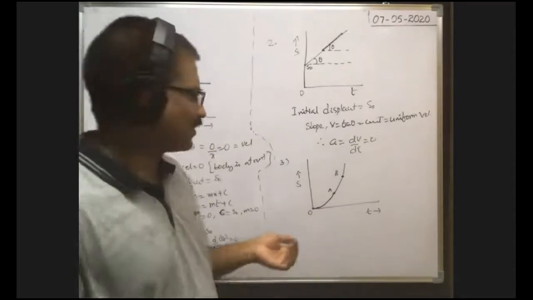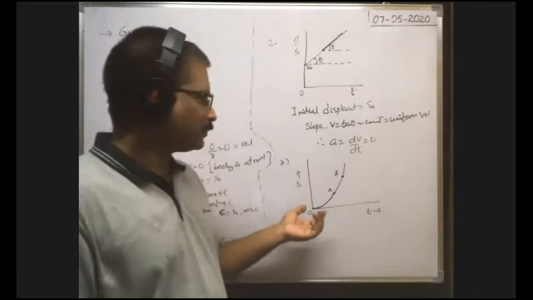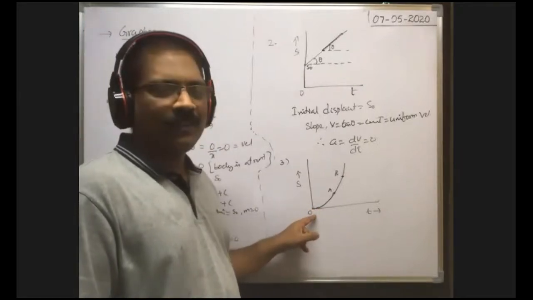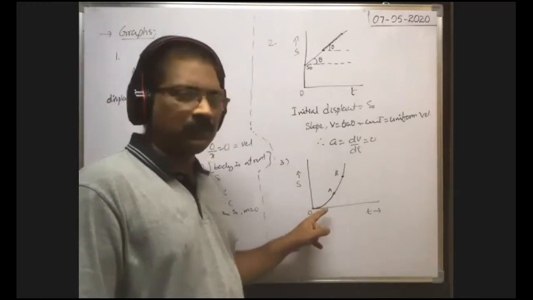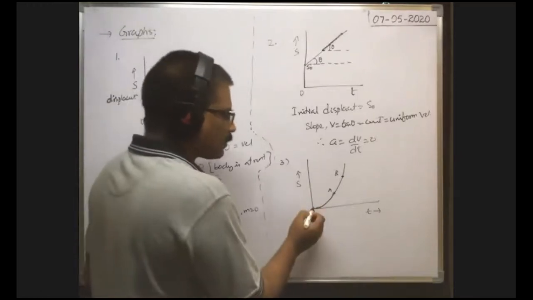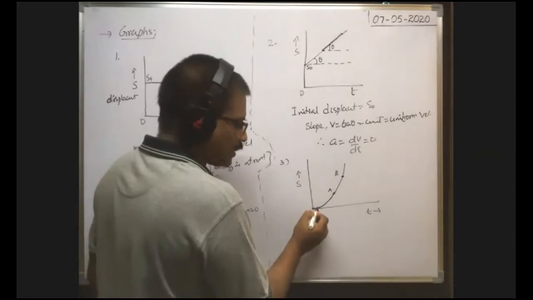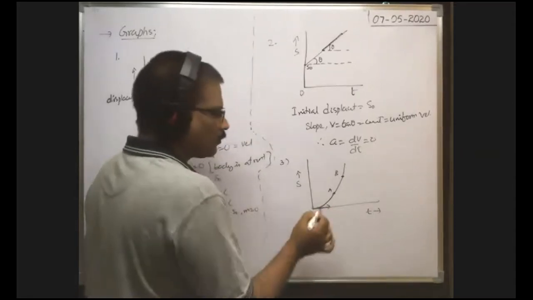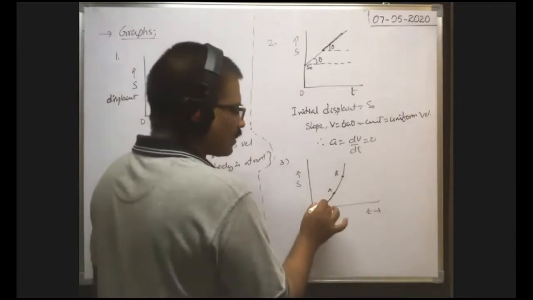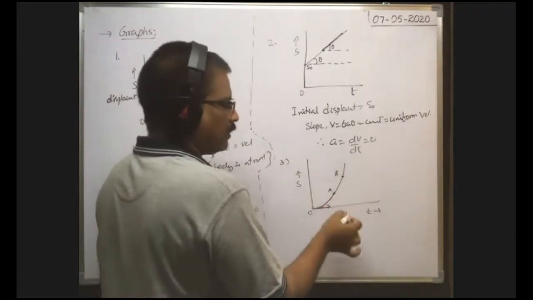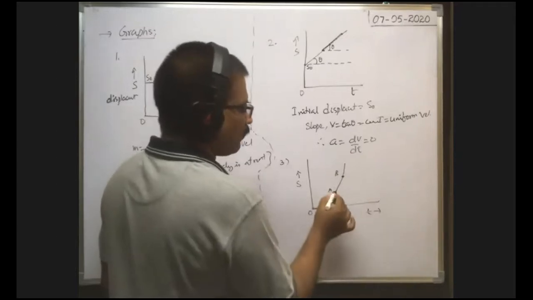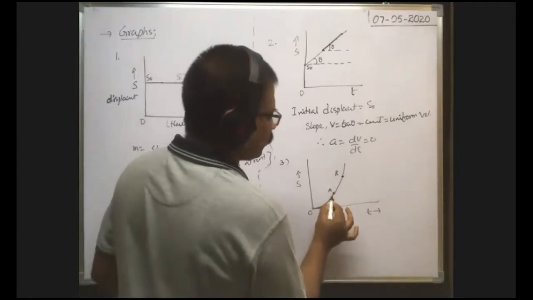Okay, right. So here at the origin O, you draw a tangent to this curve. As this curve is parallel to the time axis for a certain distance, the tangent is along the time axis only at this point O. So the slope of this tangent at that point gives the velocity. Similarly, at this point A, if you want to find the velocity, you draw a tangent to this curve.